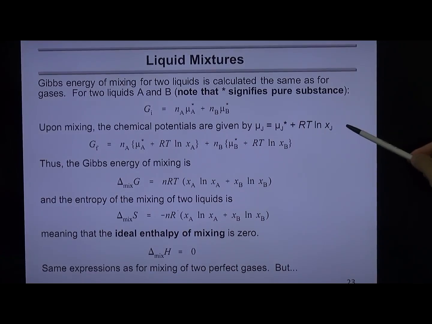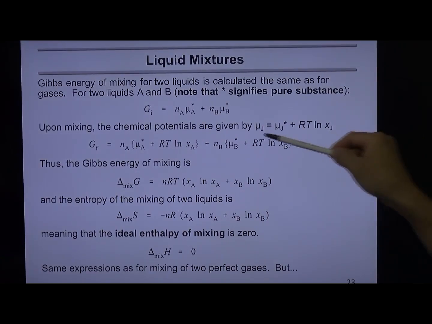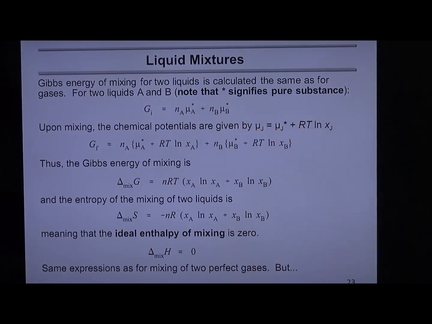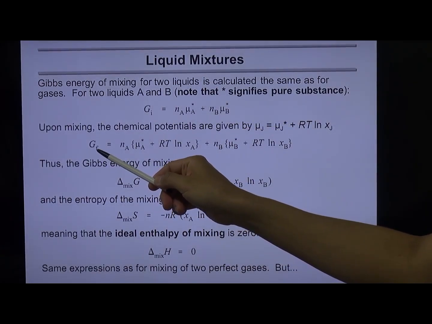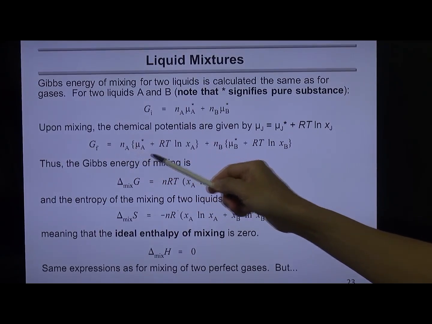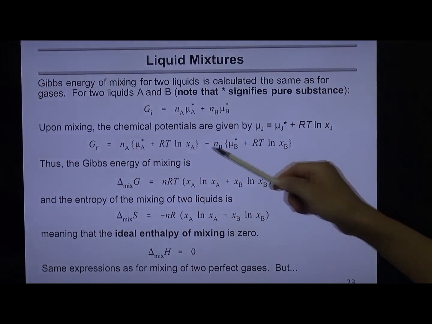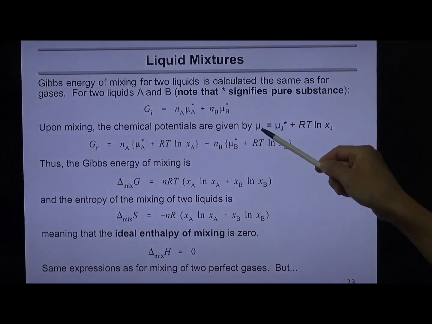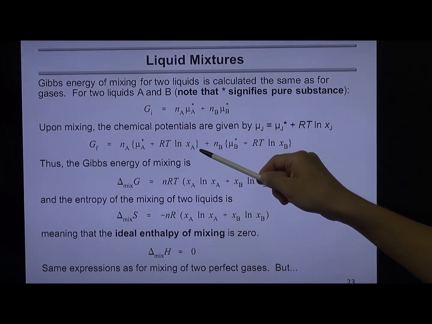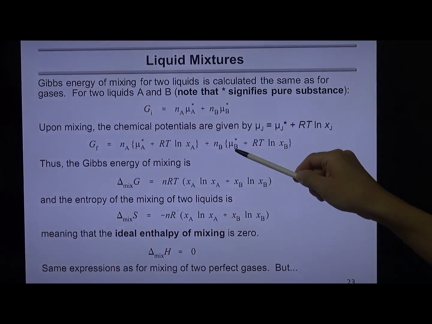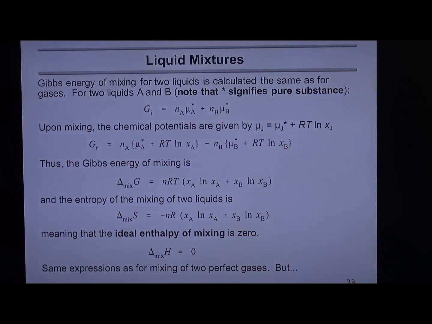From Raoult's law. So you put this in here. Because the Gibbs energy after mixing would be n_A mu_A plus n_B mu_B, right? And mu_A here should be mu_A* plus RT ln x_A. Mu_B should be mu_B* plus RT ln x_B.